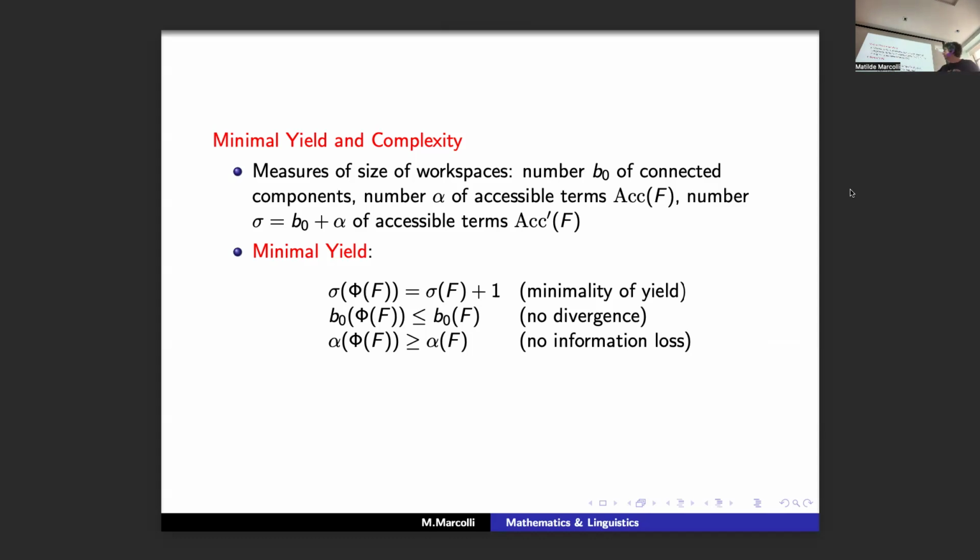Then you can look at the minimal balance between these two, which is the case where the sum of both the components and the accessible terms, which are like all the accessible terms of the workspace, including single components viewed as available material, so the entire available material for calculation, only increases by a single step.